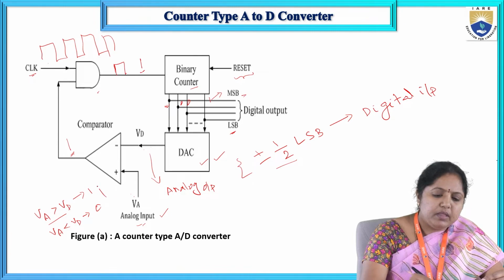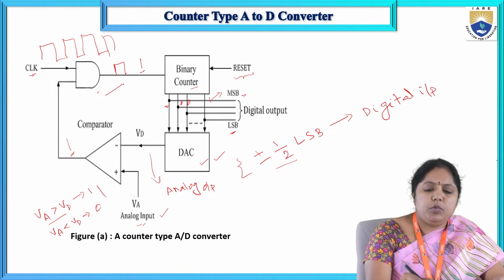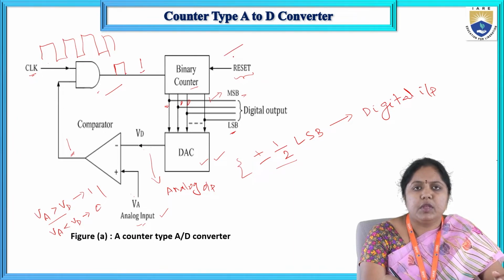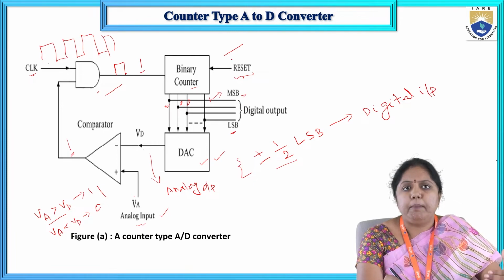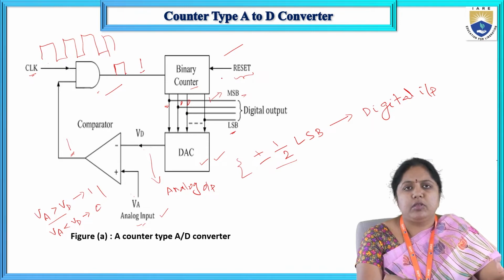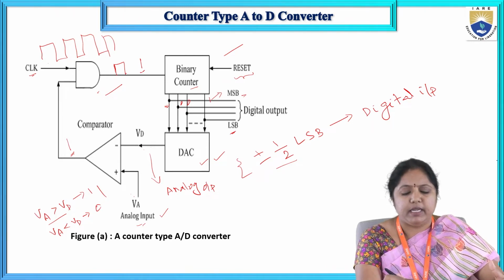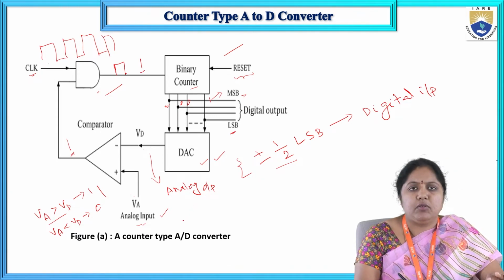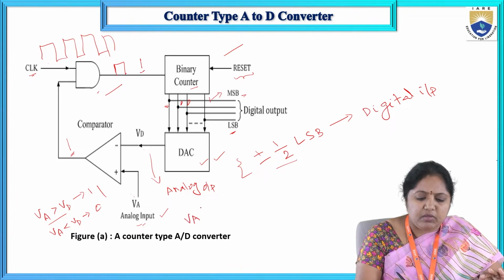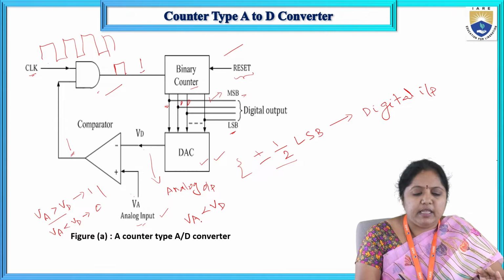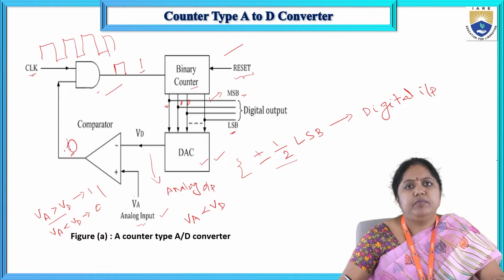Here, the comparison, the AND gate output as a clock, and the binary counter counts the corresponding number of clock pulses. When this process gets completed, whenever the VA value is continuously less than VD, the comparator output value is 0.